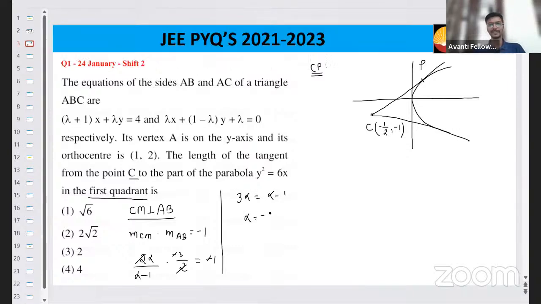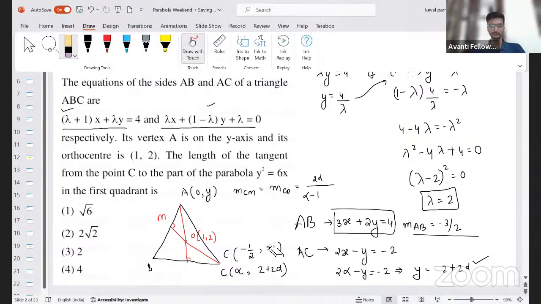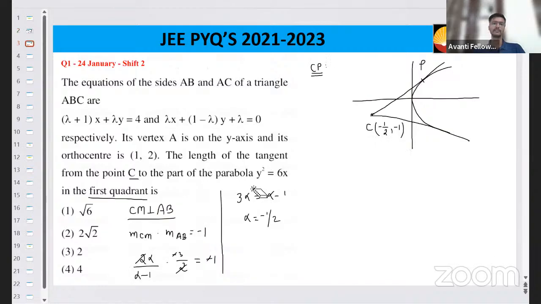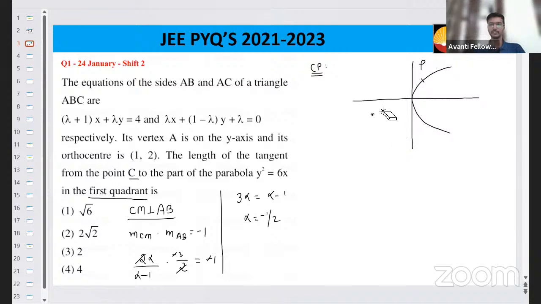So alpha is minus half. So if alpha is minus half, that means minus half, comma, 1 we will get. So the coordinates of C are minus half, comma, 1. That means C will be in the second quadrant.